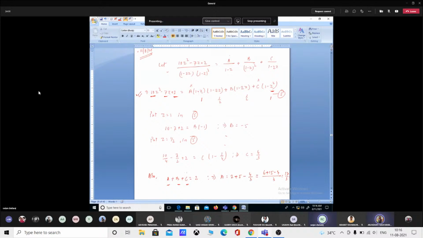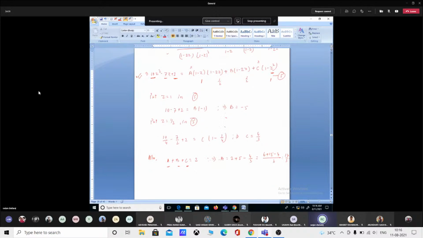You are getting this. Similarly, you can get two more equations also. Suppose if you want to take the coefficients of z square, what will you get? This side the coefficient of z square is 10.